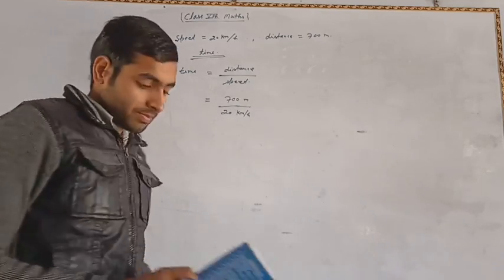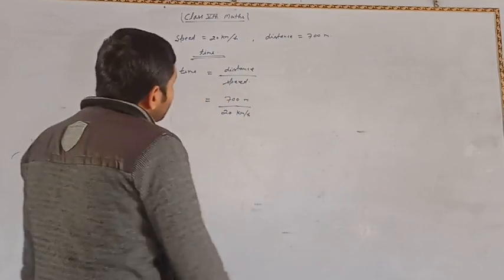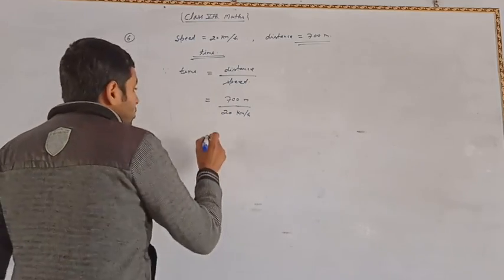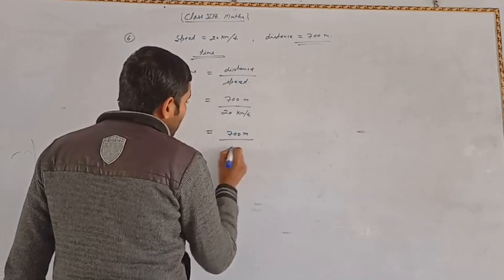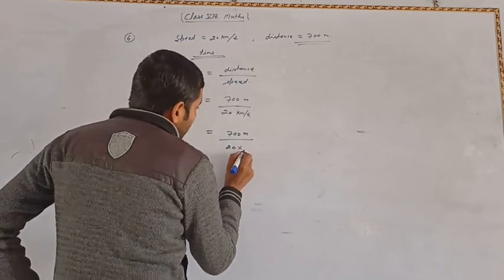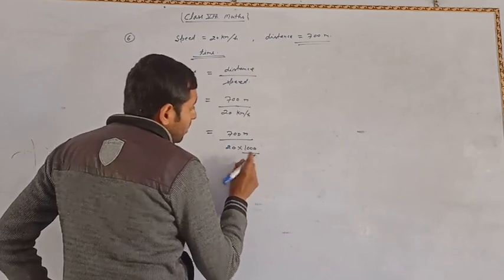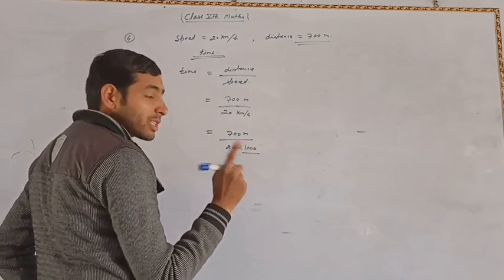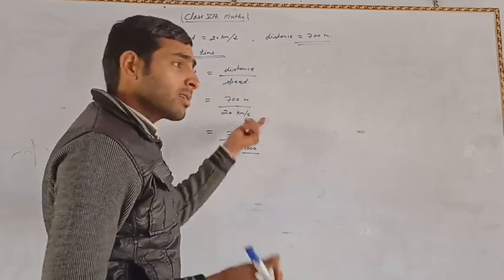So first of all, we have to convert this 20 km per hour into meter per second, because your distance is given in meters. So 700 meter upon 20 km, and 1 kilometer is equal to 1000 meter. So here 1000 meter in 1 hour, which is 60 minutes, and 1 minute is equal to 60 seconds. So I have to convert our hour into seconds.